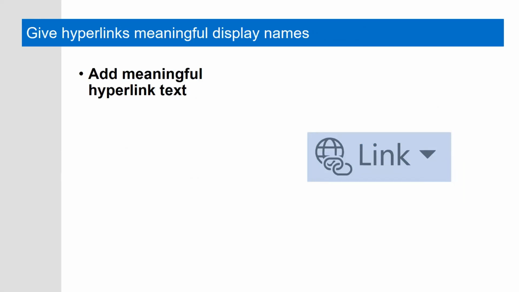This is especially important because screen reader users often navigate from link to link, skipping the text in between, or maybe use a keyboard shortcut to view a list of all of the links present on the page. So when you add a hyperlink to your email message, ask yourself, if you read the link text out of context, would you understand what it's for and what clicking it will do?